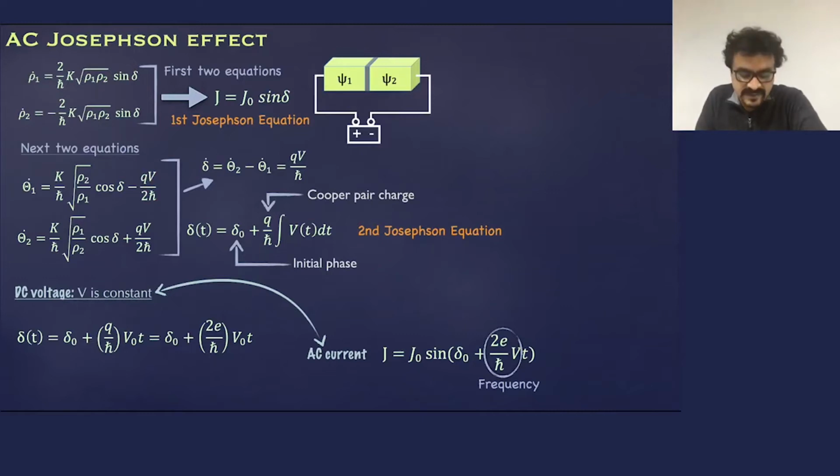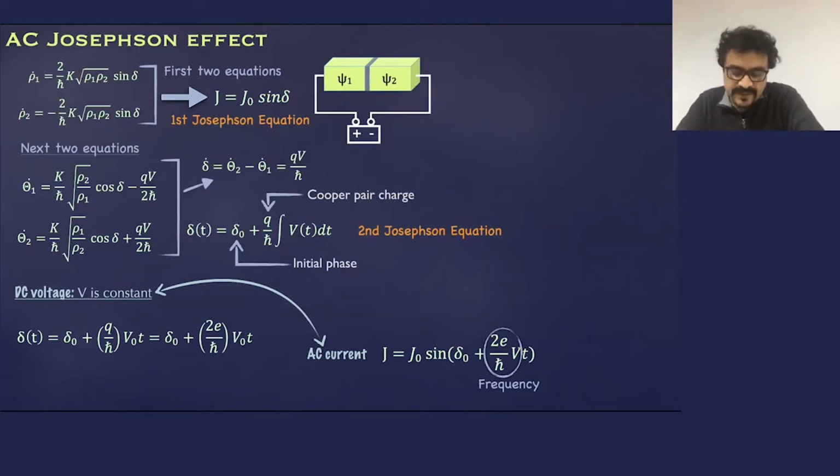And similarly for θ2, which is the rate of change of the phase on the psi2 side, κ by h bar, κ is a coupling constant, ρ1 and ρ2 are the densities, delta is a phase difference, and plus qV by 2h bar. Okay, so the voltage is symmetrically applied between two sides. So half of the voltage on the right side, half of the voltage on the left side.